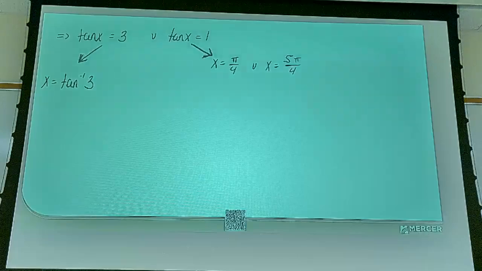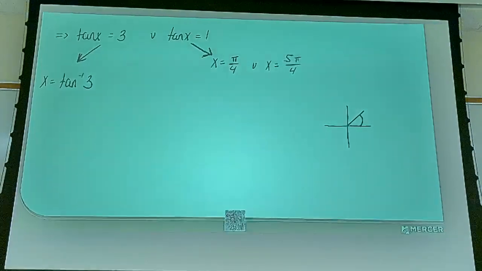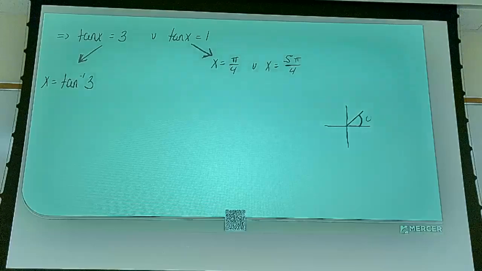So I'm going to draw this out real quick. I'm going to call it x, because that's what it's listed as. That would be our x. But we also know that tangent is positive in quadrant 3, right?